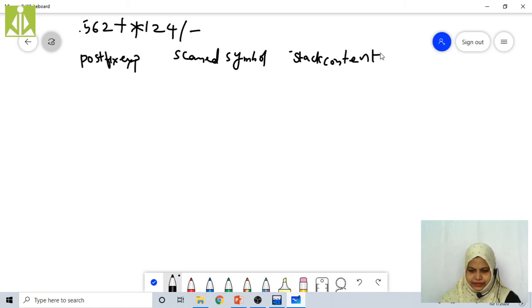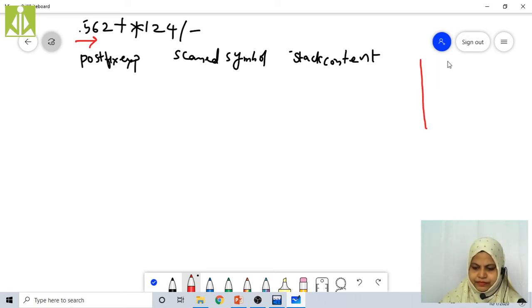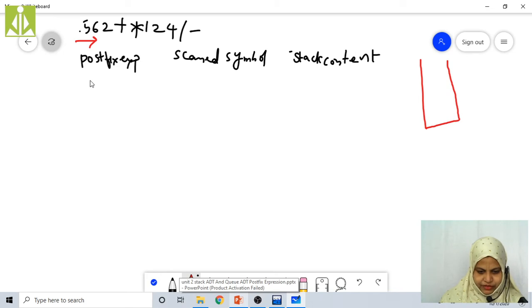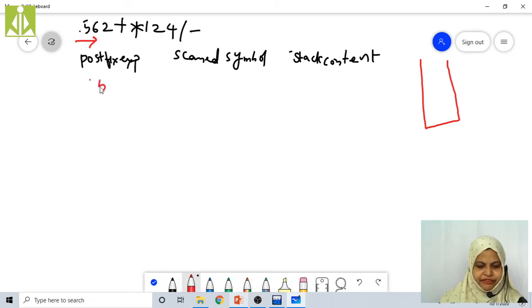Here, what is my first expression? You have to read this expression from here, from left to right. Here I'm going to draw the stack. First I'm going to read 5. Here 5 means it is operand or operator?